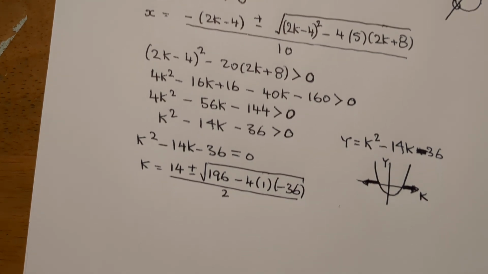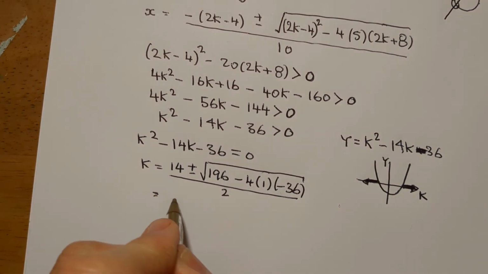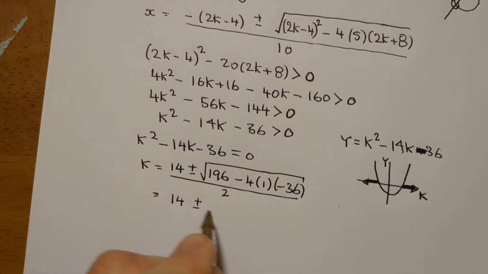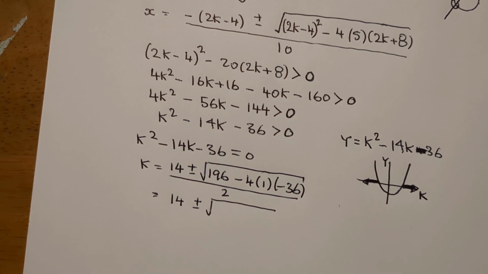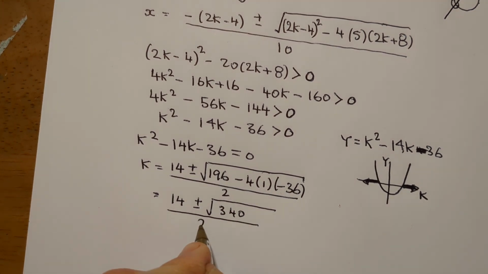Which is equal to 14 plus or minus, I'll just do it on the calculator, 196 plus 144, which is 340, all over 2.